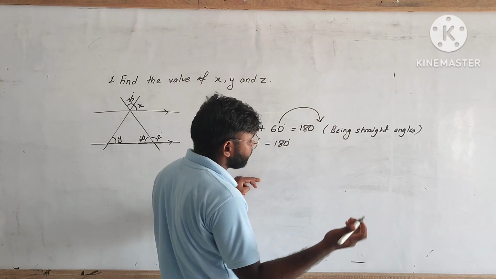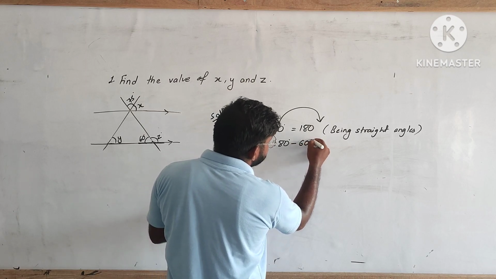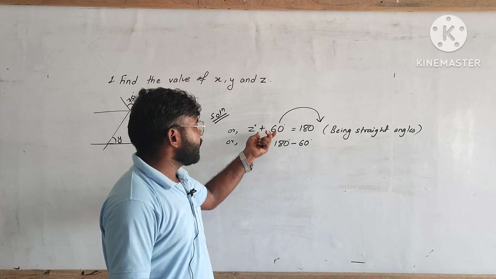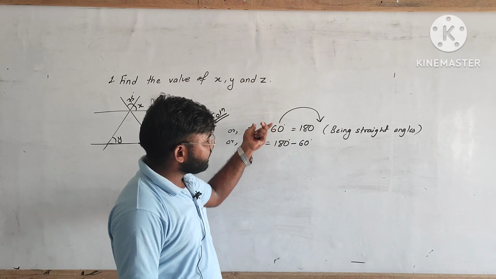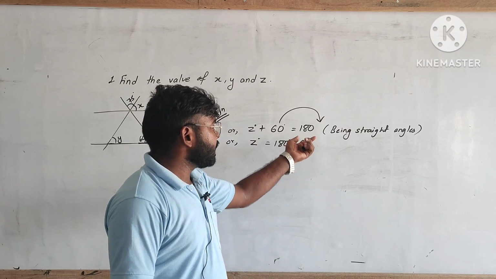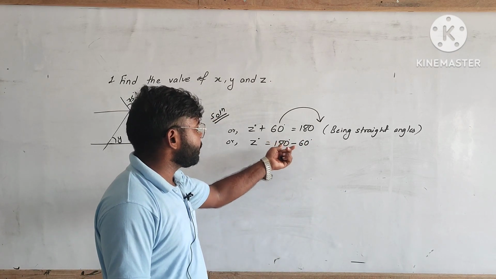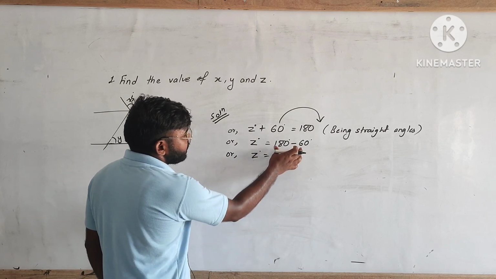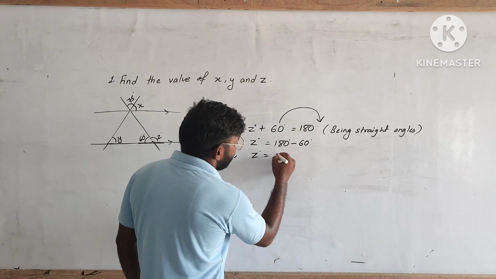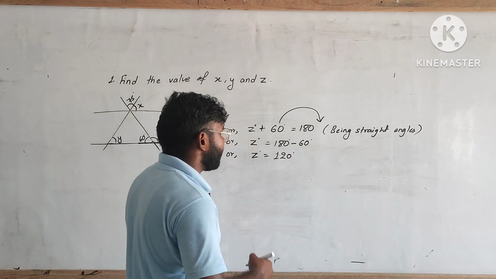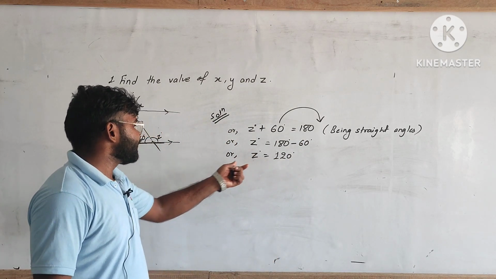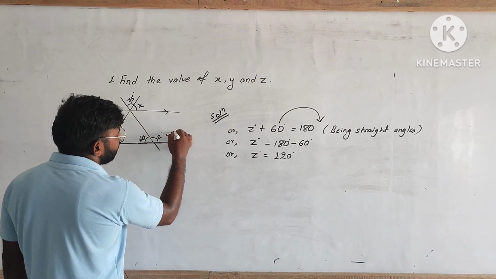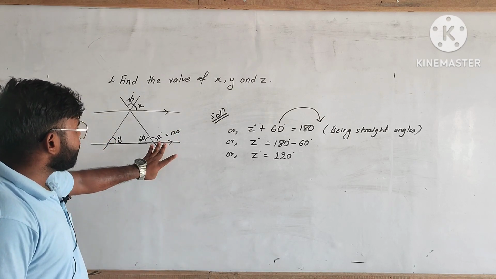We write minus 60 degree, because when we change its side, the sign changes and it becomes minus. Now z is equal to, when we subtract, we get 120. It means the value of z is 120 degree. We got the value of z.